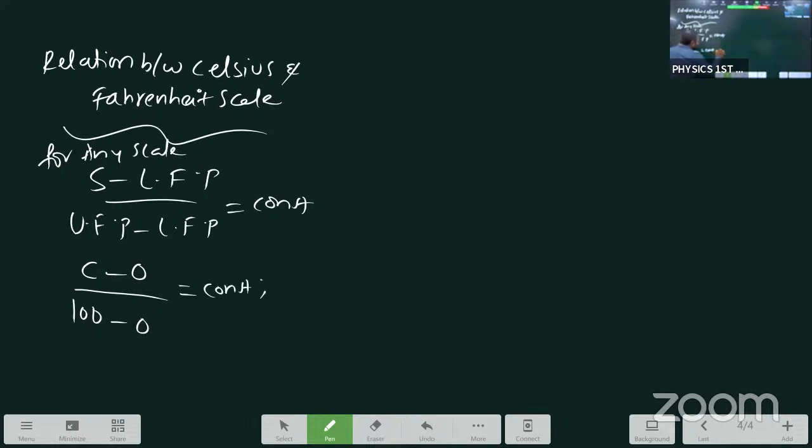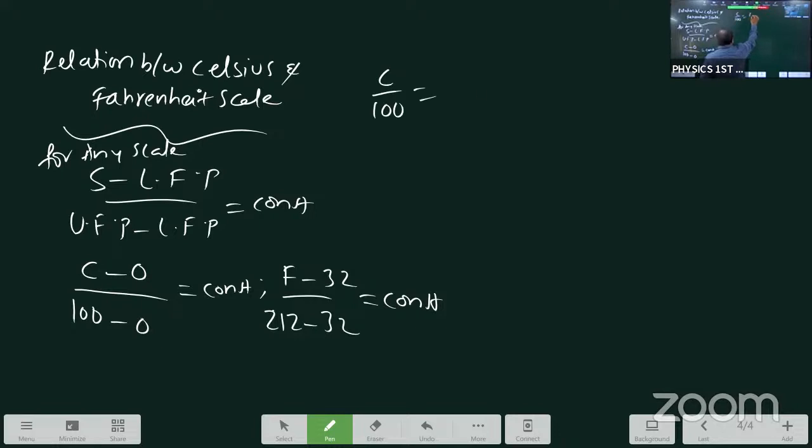This is for Celsius. For Fahrenheit, the scale is F, least point 32, highest point 212, so (F minus 32) equals a constant. The constant on the right side means the left side is also constant. C minus 0 is C, 100 minus 0 is 100.